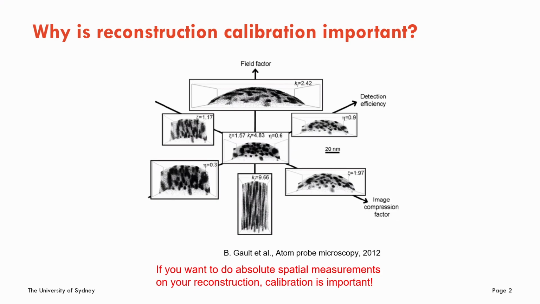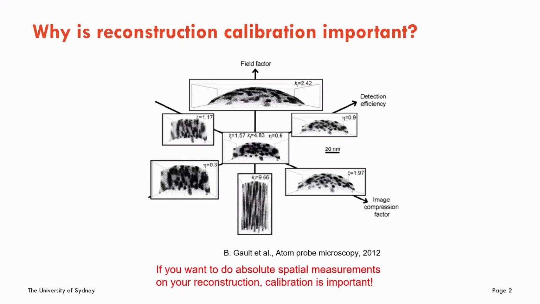But I also want to make the point that you can't always do the crystallographic reconstruction calibration method which I'll be showing today. Sometimes there just isn't enough information contained within the data, depending on the material properties of the material that you're trying to run, as well as the experimental parameters that you've used.